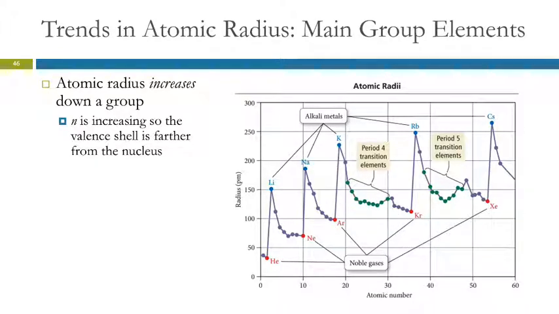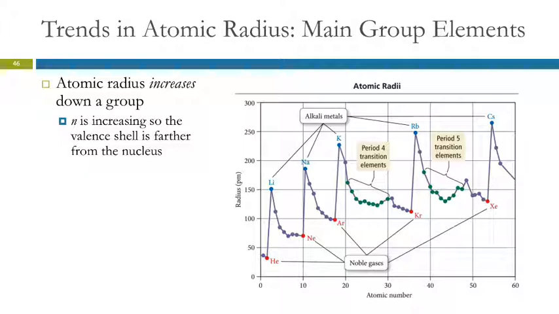There's not a real solid trend there. And period 5 is even a little worse, right? So what's going on with that? I'm waiting for my iPad to change the screen. Oh, well, I guess I can do it this way.